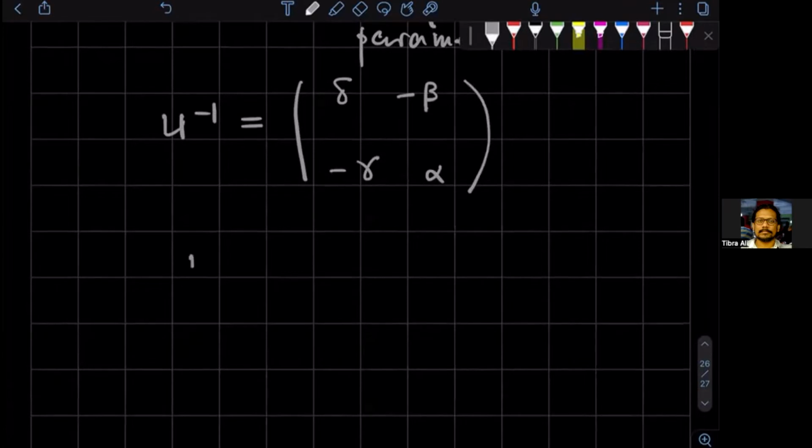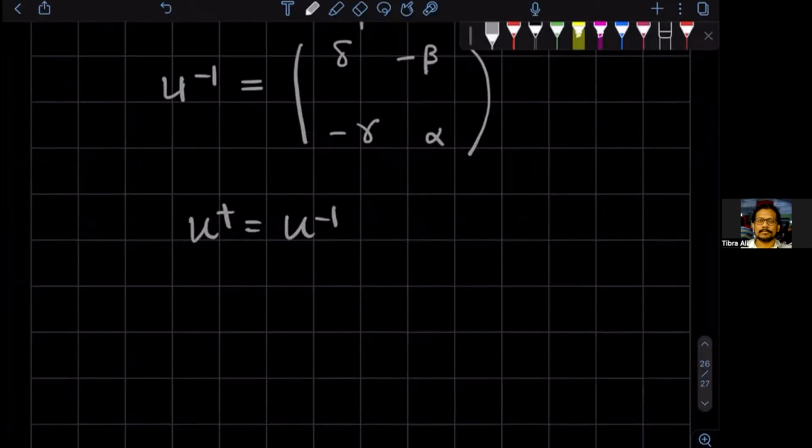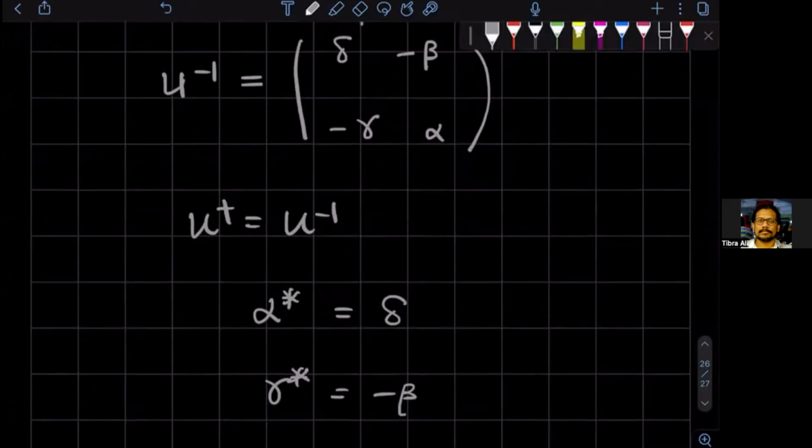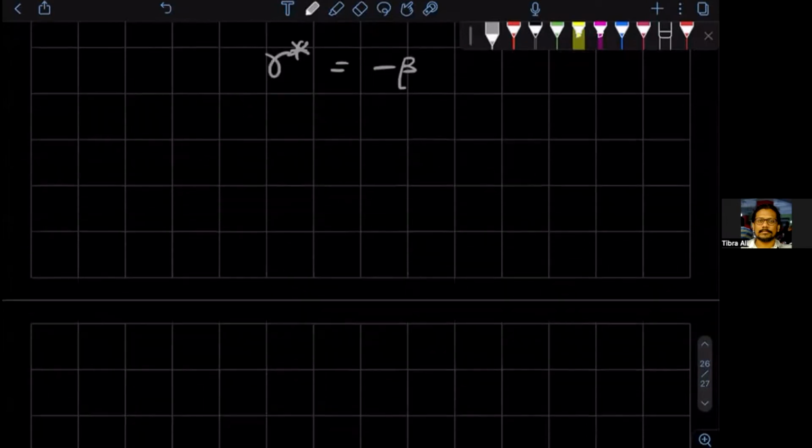Now we know that U dagger is equal to U inverse. So if I look at U dagger and U inverse, then I get that alpha star is equal to delta and gamma star is equal to minus beta. So if I use these conditions in U, then U becomes alpha, beta, minus beta star, alpha star.